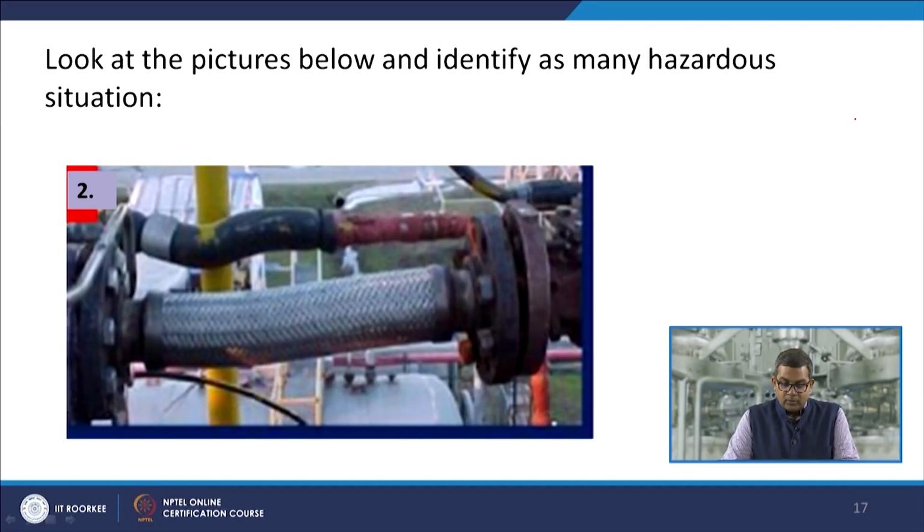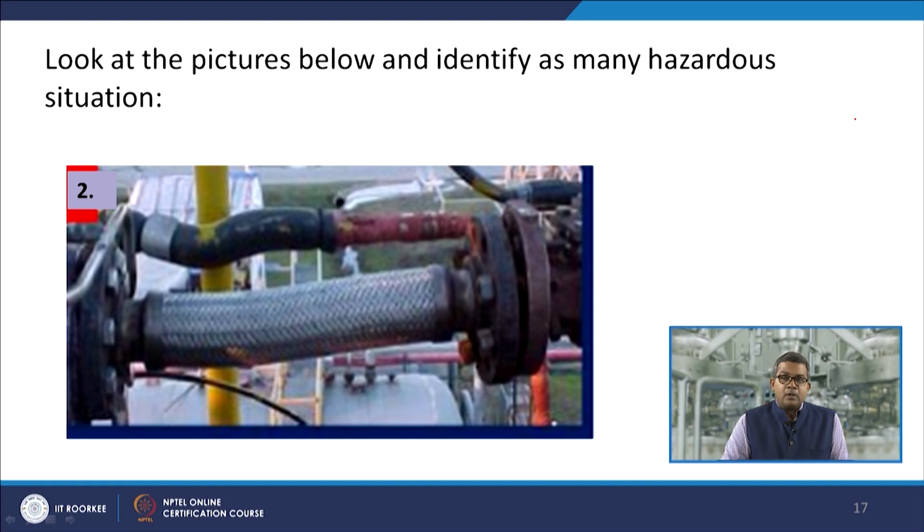Let us have a look at another problem. Again, you need to look at the picture below and identify the hazardous situation. Here the flexible hoses are used to connect piping which does not fit together properly. Also, the flanges on the right appear to be missing at least one bolt, and the faces of the flanges do not align properly.